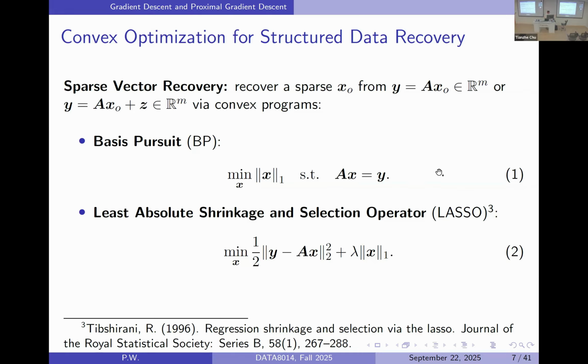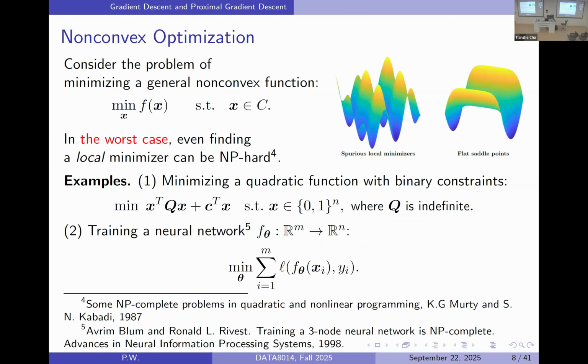Okay, and then let's go further. Then we will talk about non-convex optimization. When we do academic research, especially nowadays in deep learning and artificial intelligence, in computer vision, in NLP, most of the problems we meet are not convex, since they involve neural networks.